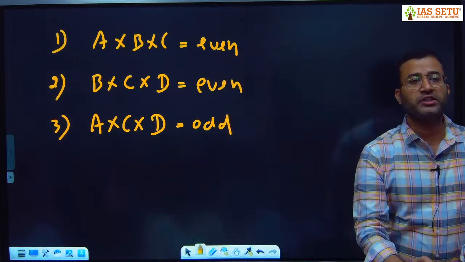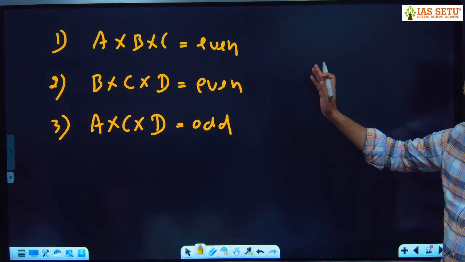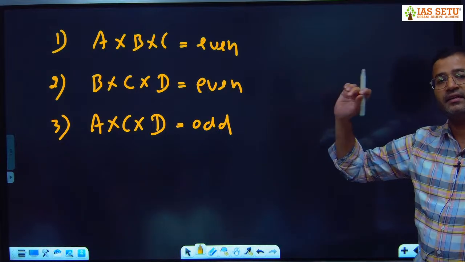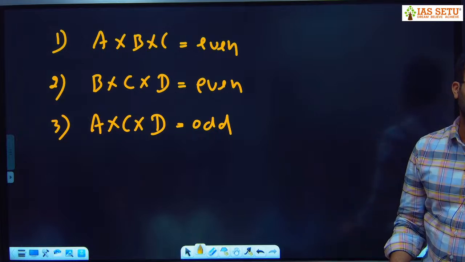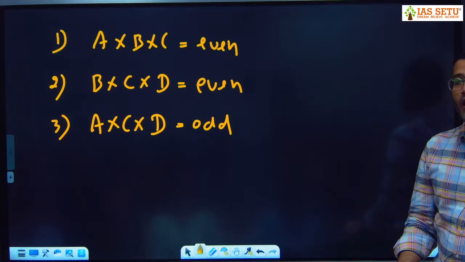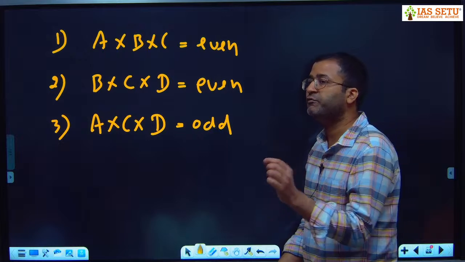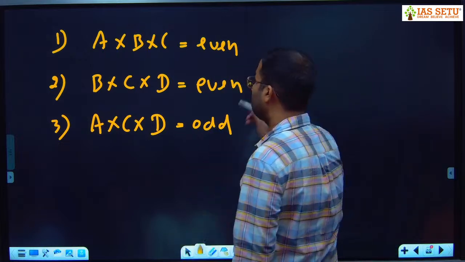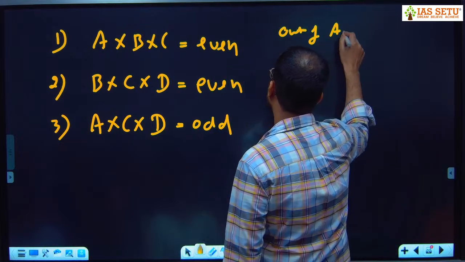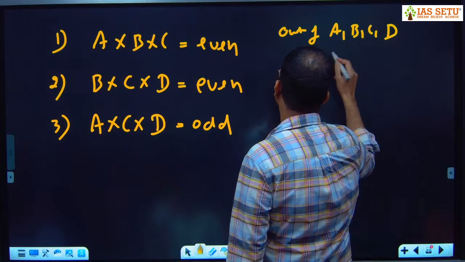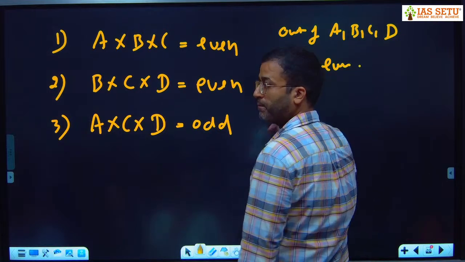Now my question is, out of A, B, C, D, who has the stuff now? Tell me out of A, B, C, D, which is E1 here.